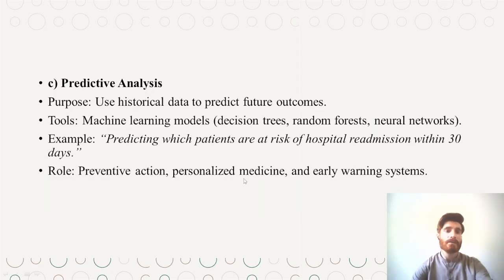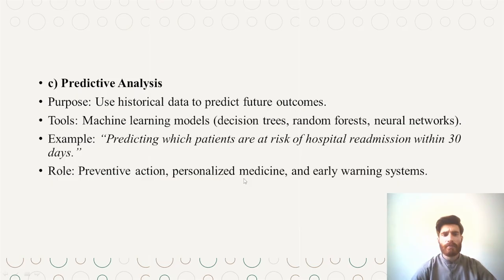Now the next analysis is predictive analysis, which uses historical data to predict future outcomes. What will come in the future if we analyze this data? The tools used in this method are machine learning models like decision trees, random forest, and neural networks.